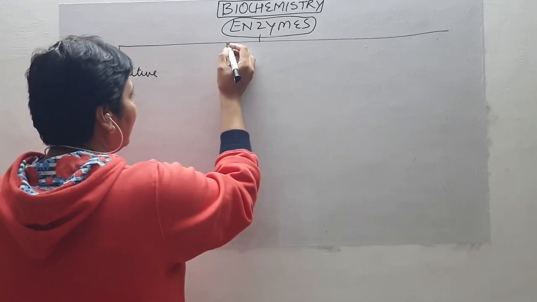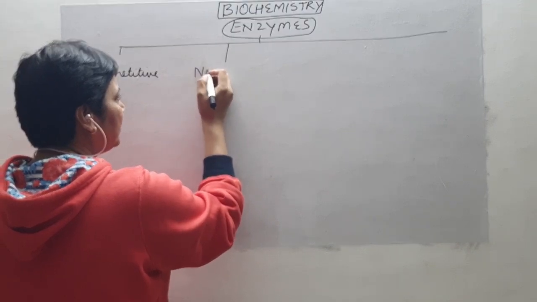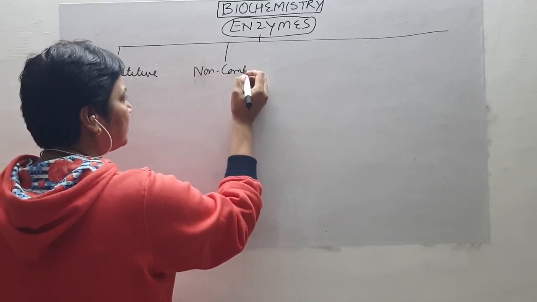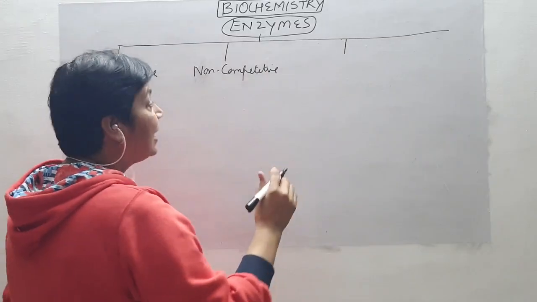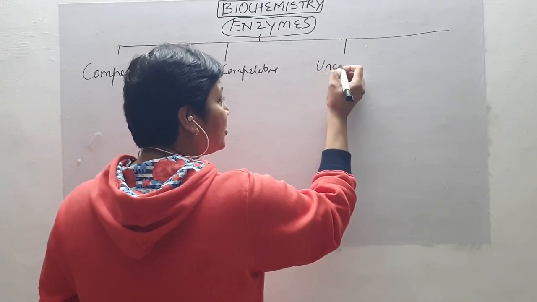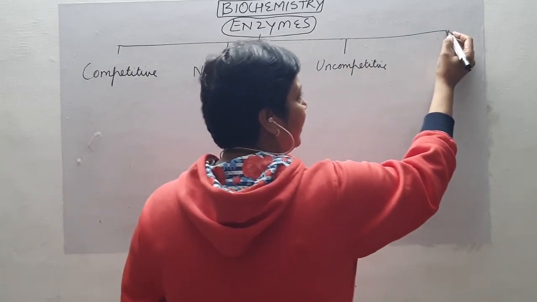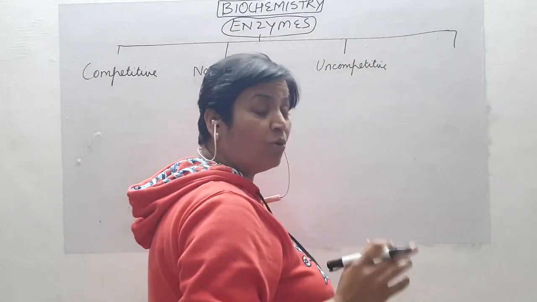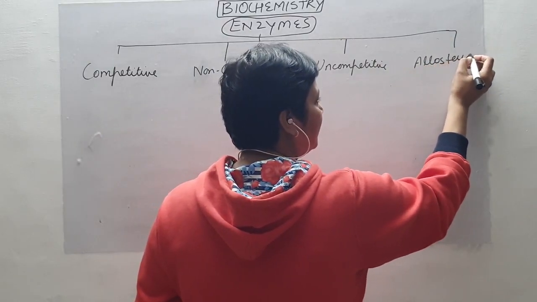One is non-competitive inhibition. One is uncompetitive inhibition, and the most important inhibition is allosteric inhibition.